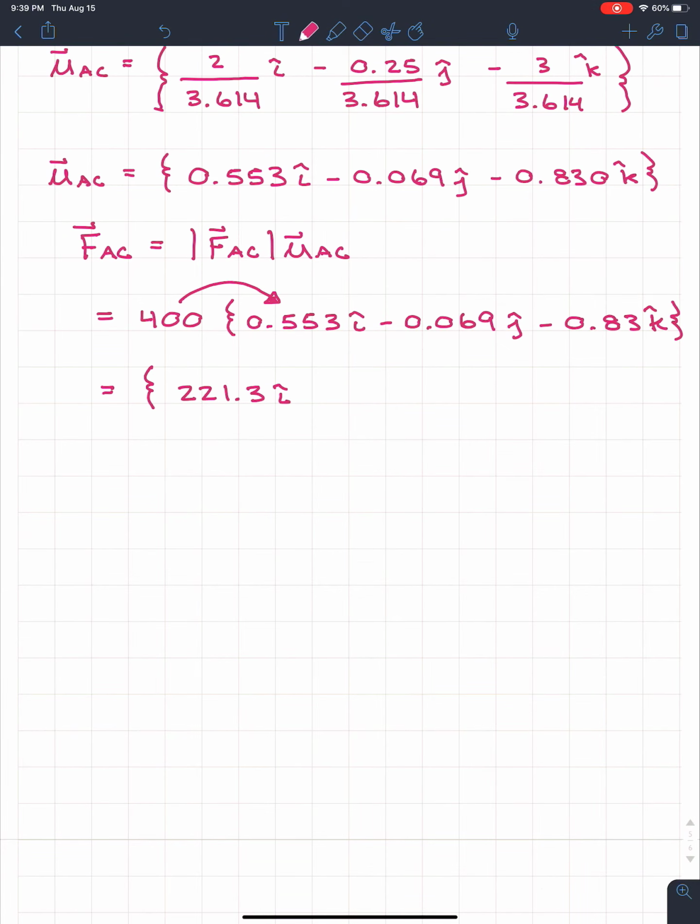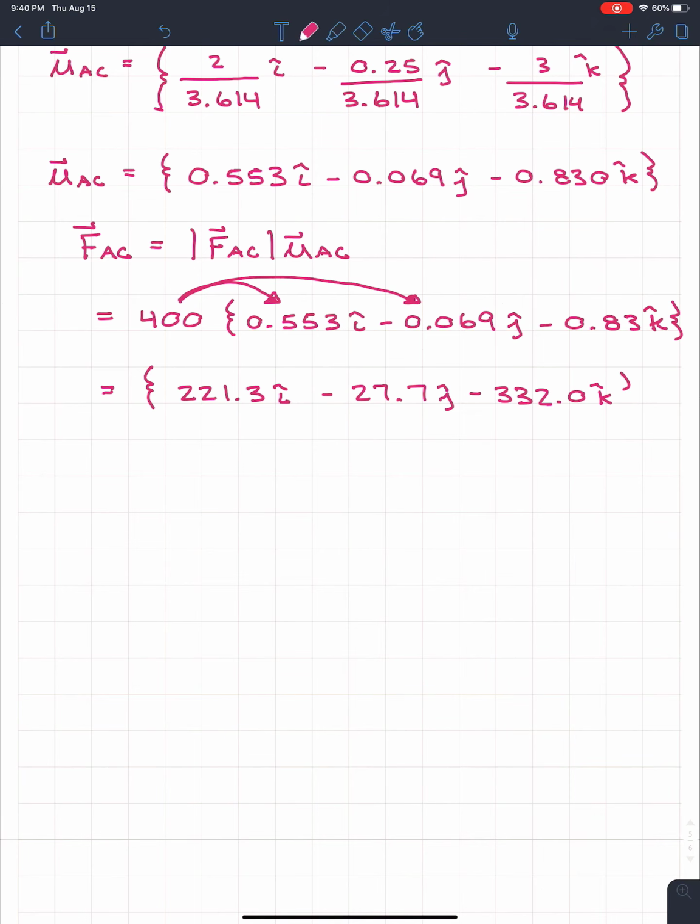And you're going to get minus 27.7 J. So this is me taking the 400 and multiplying it by the negative 0.069. And to finish it off, it's going to be minus 332.0, and that's in the K direction.